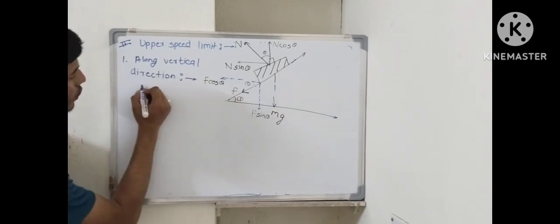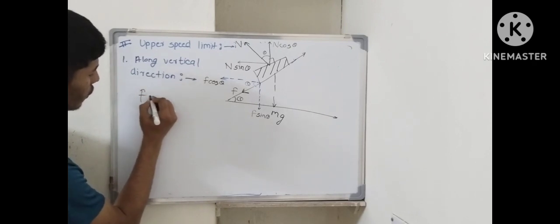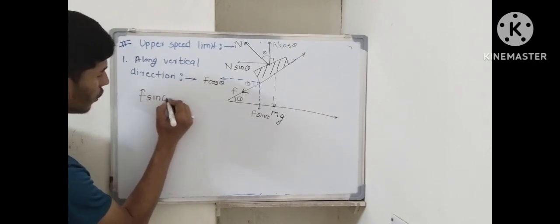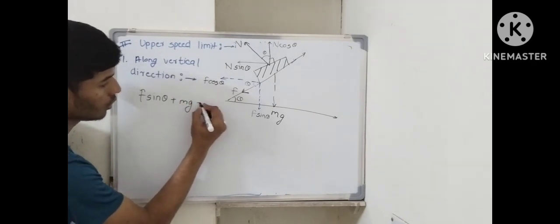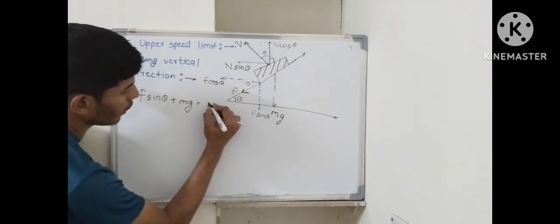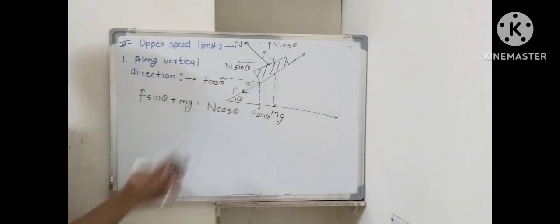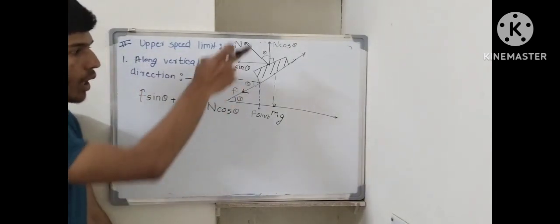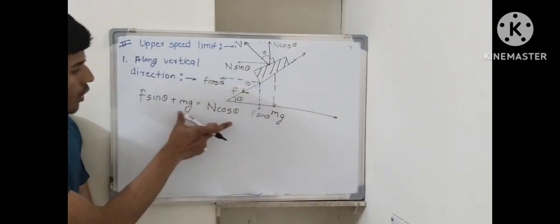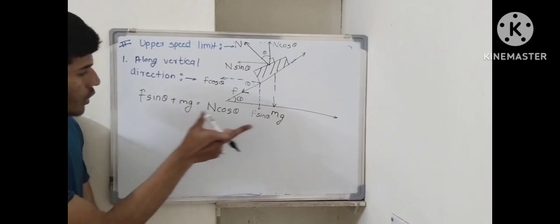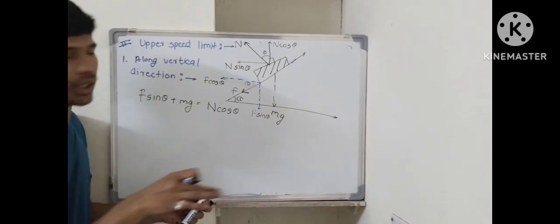So what will be the equation? f sin theta plus mg is equals to n cos theta. आपको अगर डायरेक्ट समझ में आ गया तो डायरेक्ट भी आप इक्वेशन बना सकते हैं, लेकिन जिनको नहीं समझ में आता है they will first construct the equation like this और बाद में हम शिफ्ट करेंगे.